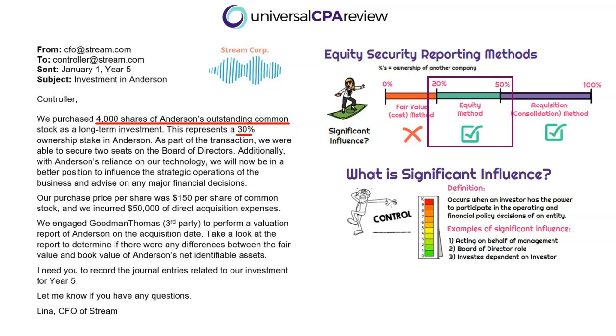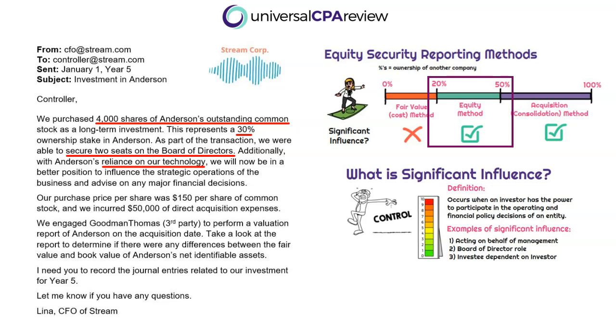Does significant influence exist? That's the question we should be thinking about. That's where we need to keep reading, because it says that as part of this investment, they negotiated 2 board seats. With these 2 seats on the board of directors, the investors of Stream can control the strategic operations and financial decisions of Anderson, because Anderson relies on the technology of Stream.